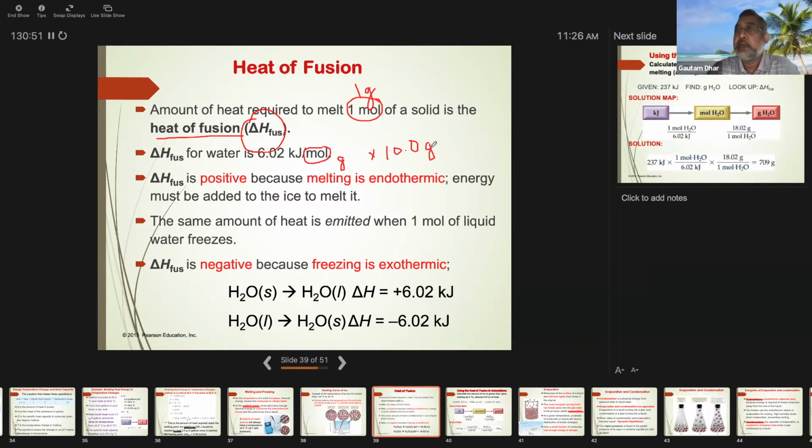And there's no ΔT term because there is no change of temperature. The ΔH is negative for freezing because it is exothermic. Exothermic means heat is given out from the ice. So it's a loss of heat, and that's why it is negative. So the sign convention also needs to be considered here.